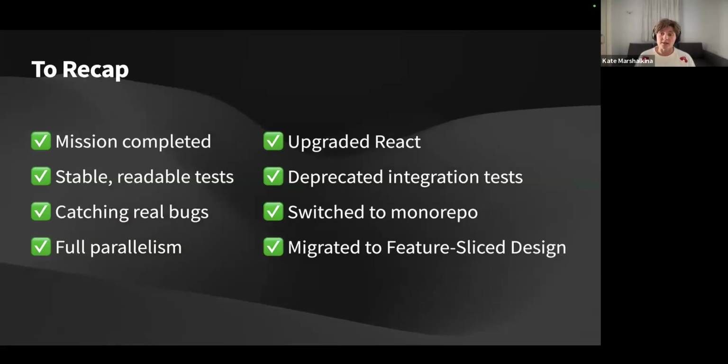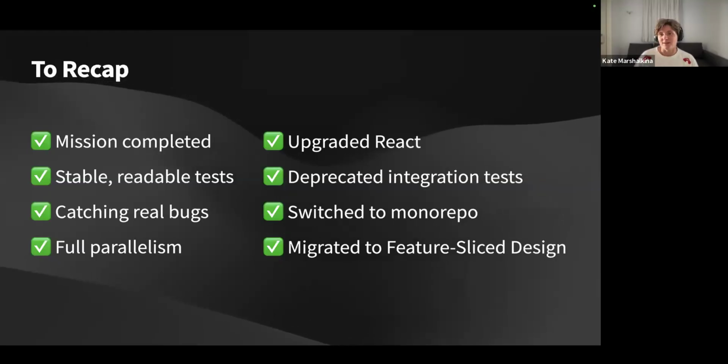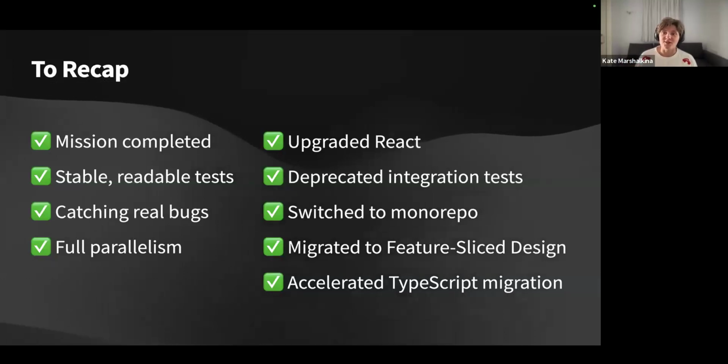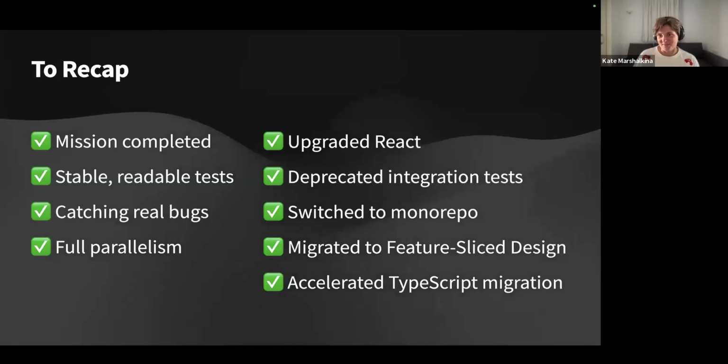We migrated to feature-slice design code structure to align better with our business domain and also to start breaking code into smaller testable units. It accelerated TypeScript migration, and all that made development of new features easier. Today, 1 year later, it's a completely different code base, but I know it all started with testing.